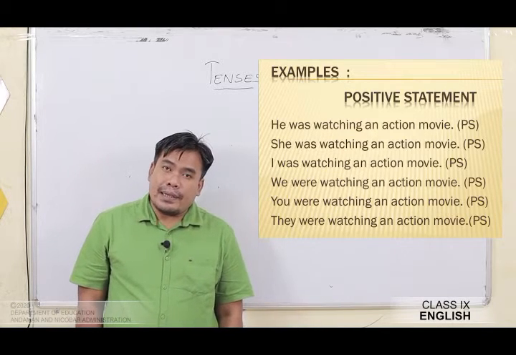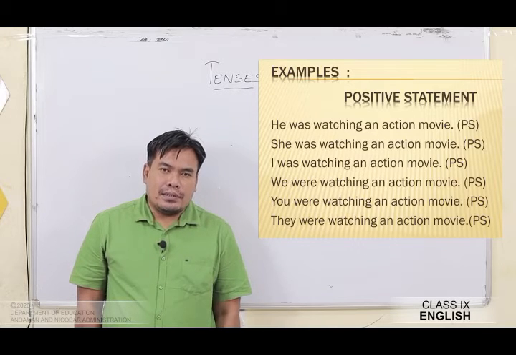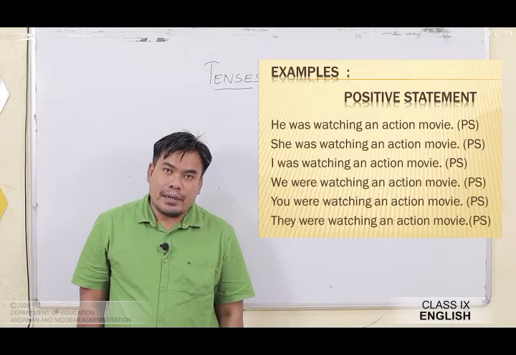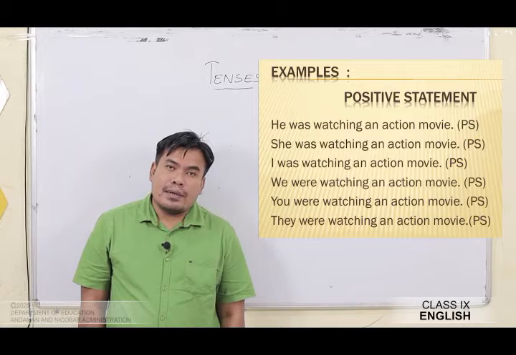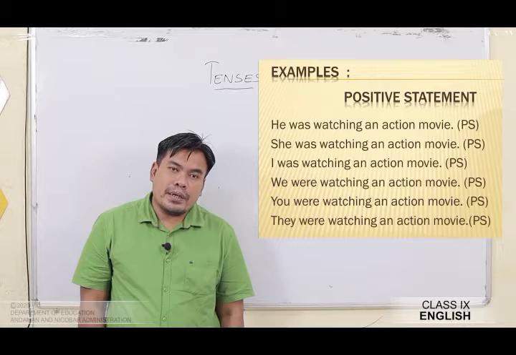And again, the next sentence: she was not watching an action movie. I was not watching an action movie. You were not watching an action movie. We were not watching an action movie.